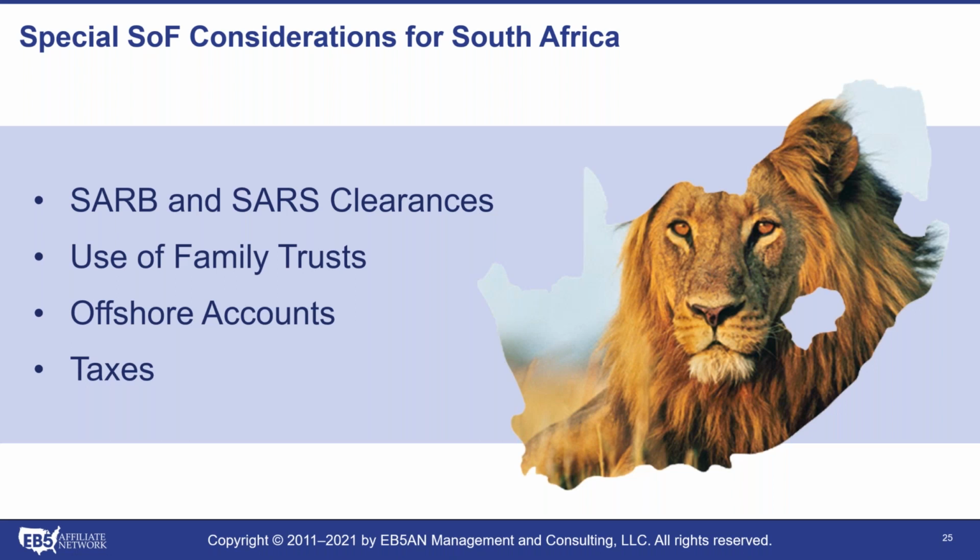Then we work with a local professional to do that after we've gone through the source of funds analysis and made sure we have the documents to back everything up. And then waiting for those clearances is one of the last steps we have to go through before transferring the funds and making the actual EB-5 application.